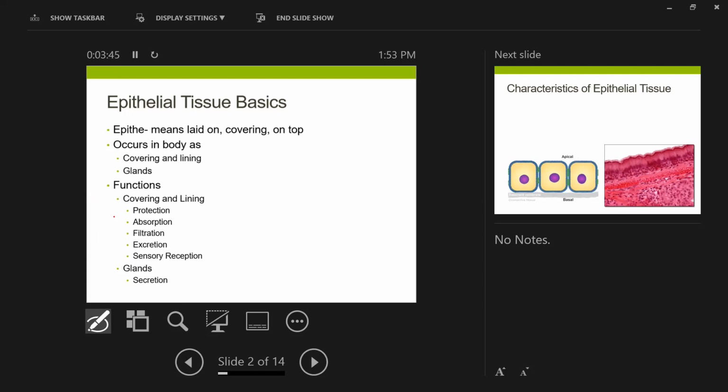You have protection, absorption, filtration, excretion, sensory reception, secretion. Which one of those are you saying is endocrine? No, not excretion. Kylie? It would be secretion. Sebastian? That is correct.